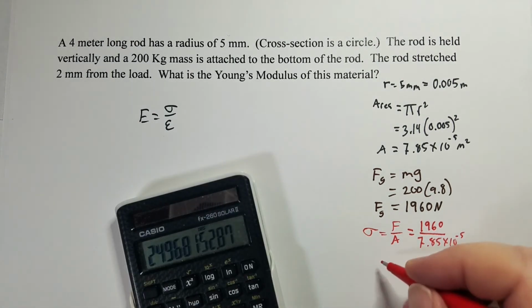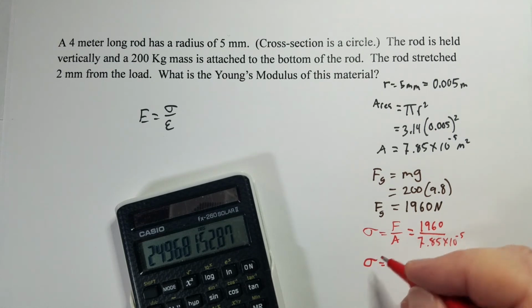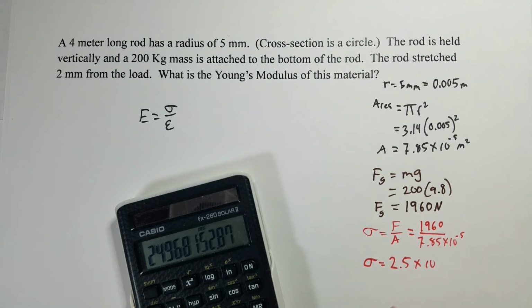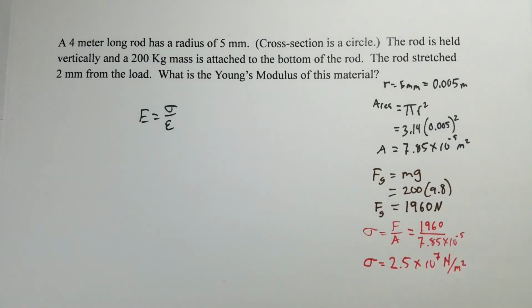And we get sigma to be, rounding off a little bit, 2.5 times 10 to the 7th newtons per meter squared. So we've got sigma.